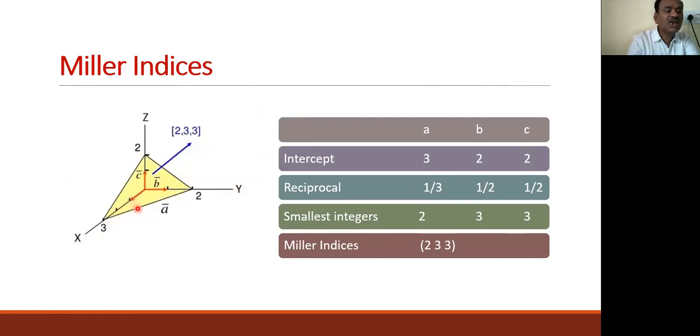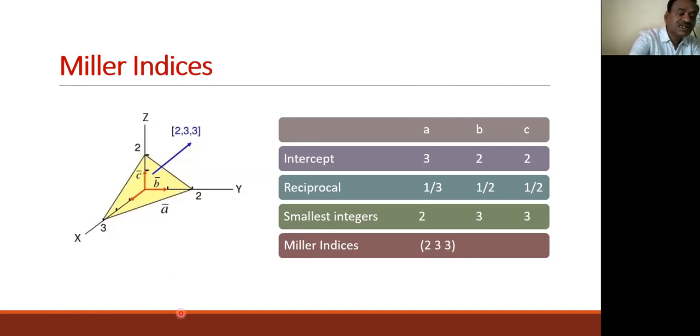Here you see, one lattice point here, second lattice point here, and this is the third lattice point along the x-axis. Along the y-axis, you see, one lattice point, second lattice point. Along the z-axis, this is one lattice point, this is another lattice point.